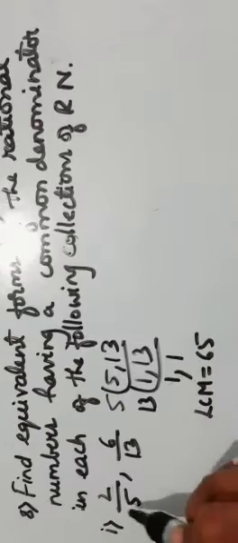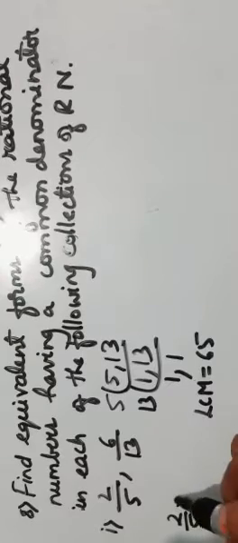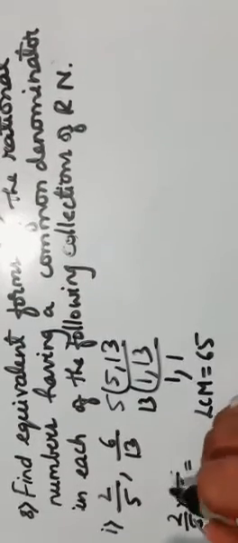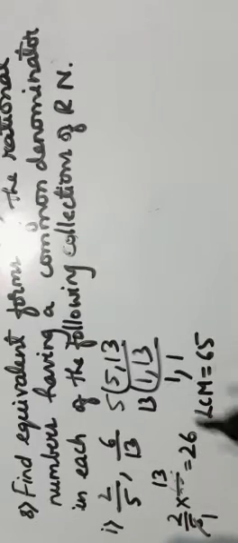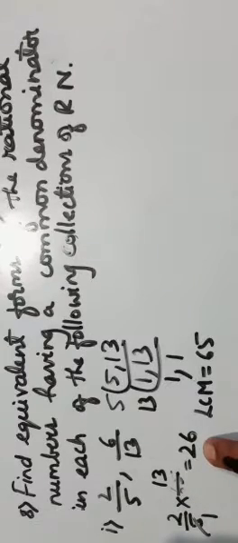Now take the first rational number, children, that is 2 by 5. Here 2 by 5 I am going to multiply with the LCM. When I multiply with the LCM, I get 5 ones are 5, 13 twos are 26. Here in the numerator of the first rational number, we have 26. 26 divided by 65.